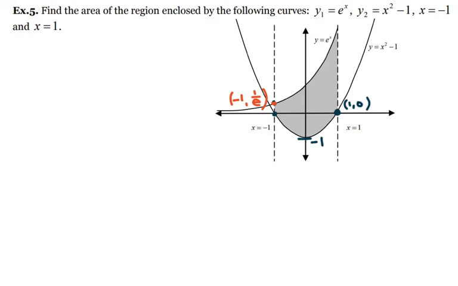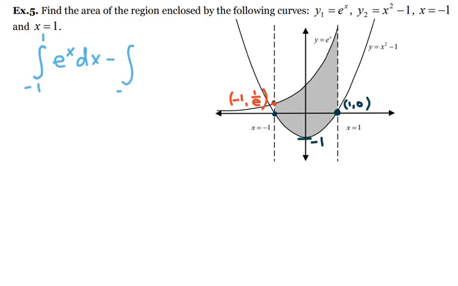So to find the area between the two functions, you would have to find the integral with the limits provided by the x lines, which are negative 1 and 1. Then you have two functions. One is on the top, e to the power of x dx, minus the one that is at the bottom.